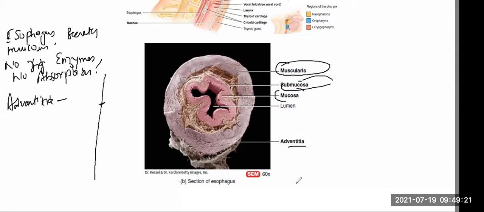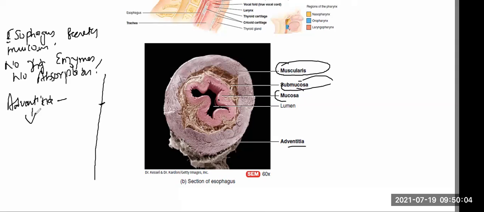Since I said it's passing through the mediastinum and you have surrounding tissues in your mediastinum, this superficial layer of adventitia, which consists of connective tissue, helps the esophagus connect with the surrounding tissues, which are again connective tissues. Better we say that the esophagus merges with the connective tissue of the mediastinum, right? So the adventitia attaches the esophagus to the surrounding structures.